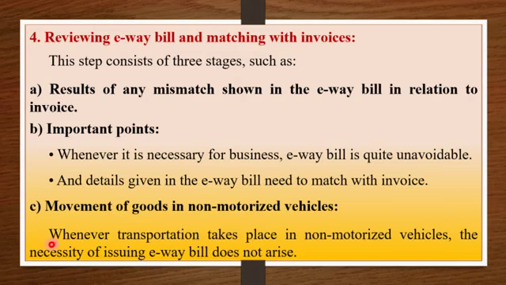Whenever transportation takes place in non-motorized vehicles, the necessity of issuing e-way bills does not arise. As some businesses are adopting this practice in order to avoid e-way bills, the internal auditor needs to closely scrutinize e-way bills worth more than 50,000 rupees.